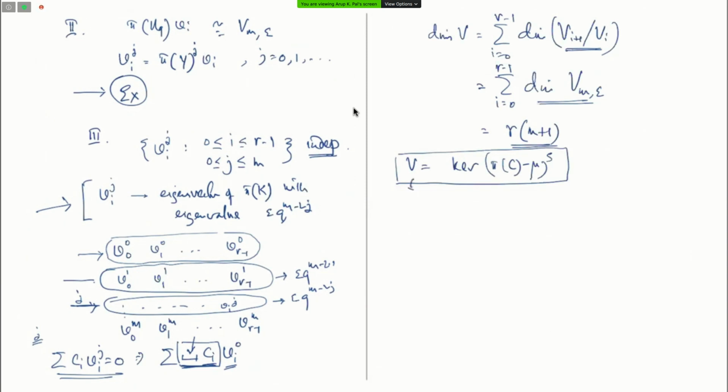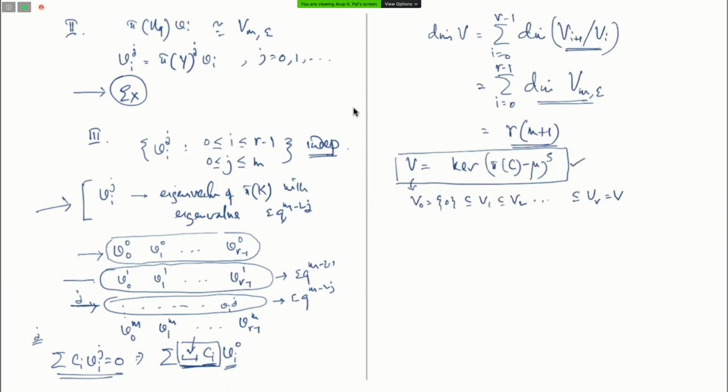So for this part you do all the analysis that you had done earlier. So V0, you get a filtration such that the quotient of Vi plus 1 by Vi, those are irreducibles.